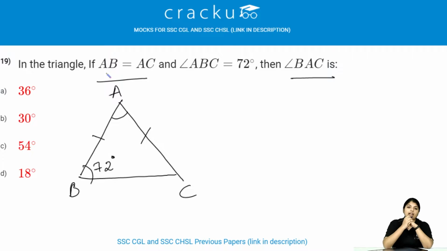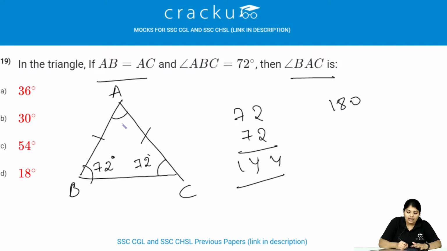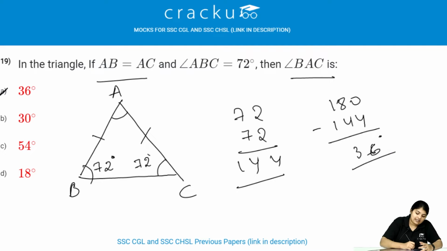In isosceles triangle, angles opposite to the sides are equal. So, if this is 72, this is also 72. So, 72 plus 72 is 144. So, in a triangle, the sum of the angles is 180. Therefore, angle A is 180 minus 144, which is 36. Therefore, the answer is option A, 36 degrees.